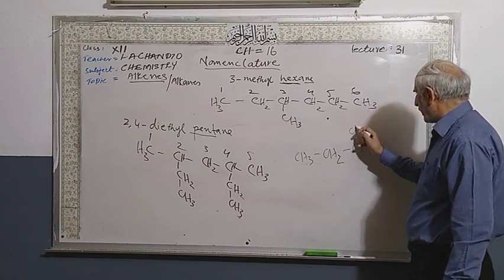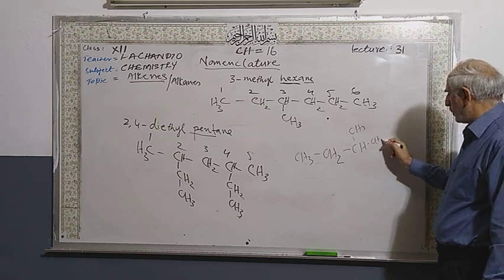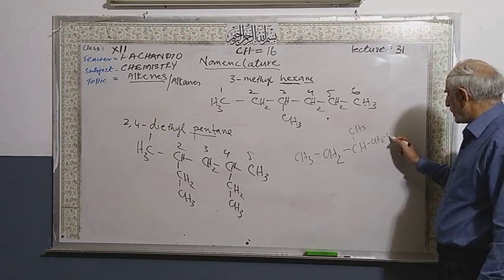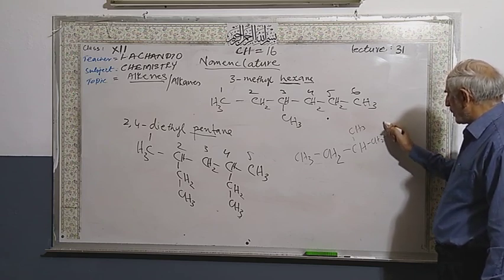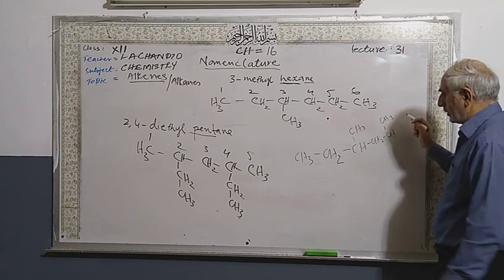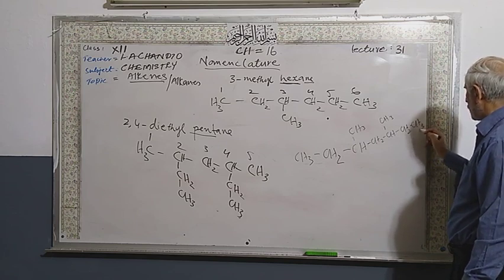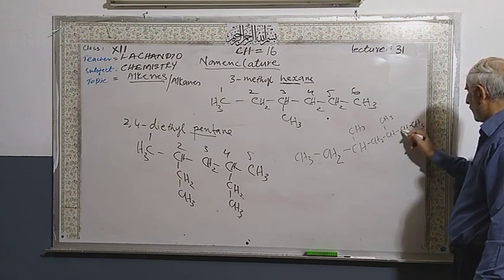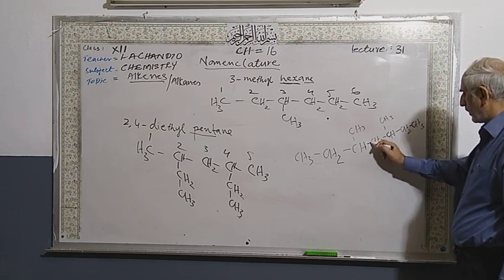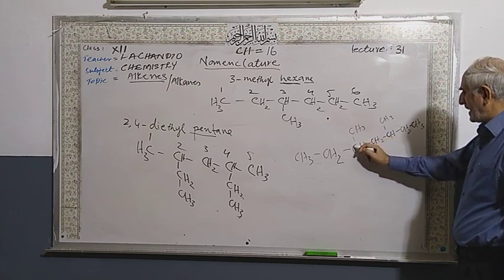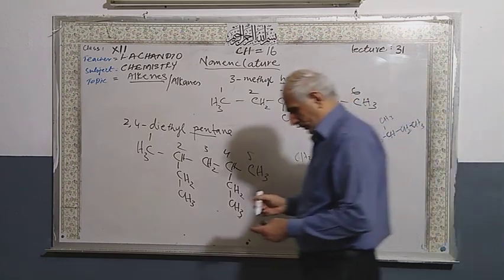Means you can put CH3 here. Then CH2, and then CH, and there is an up or down, which is your choice. Then CH2 and CH3. Write in this way so that you will feel it easy to select the longest carbon chain.